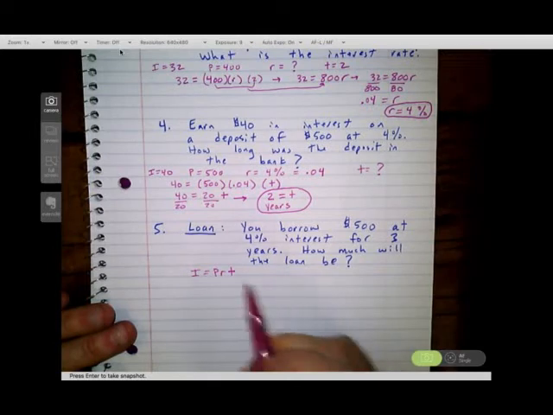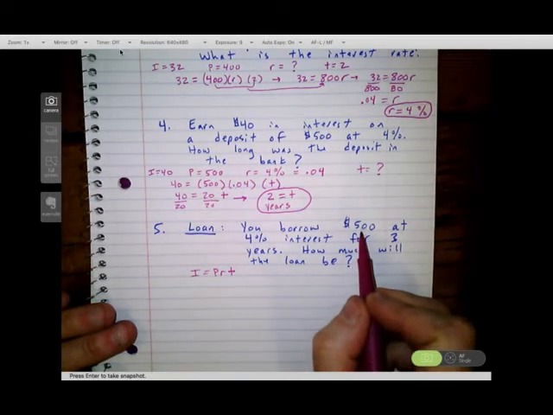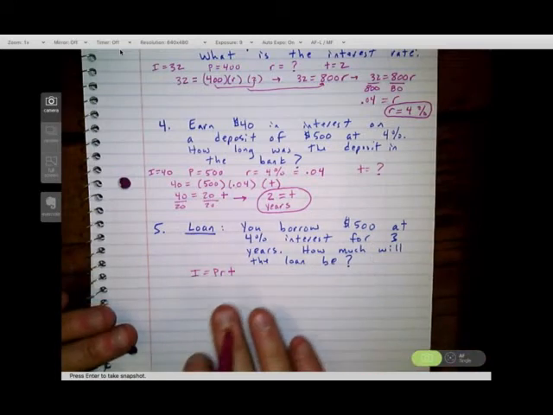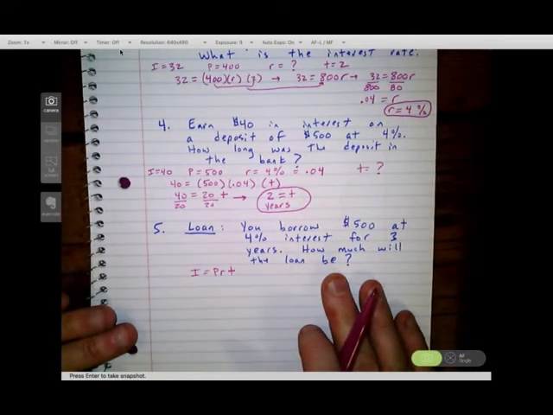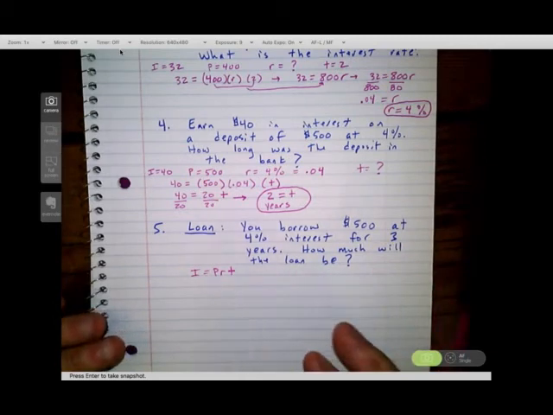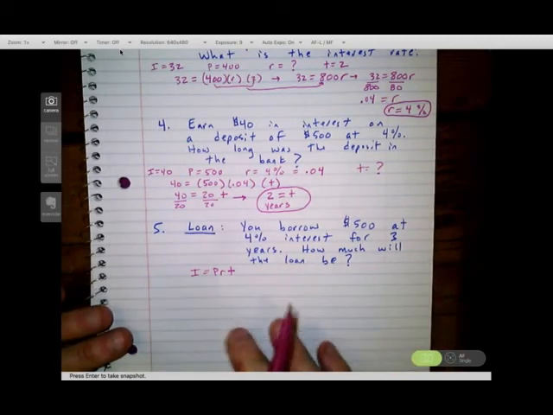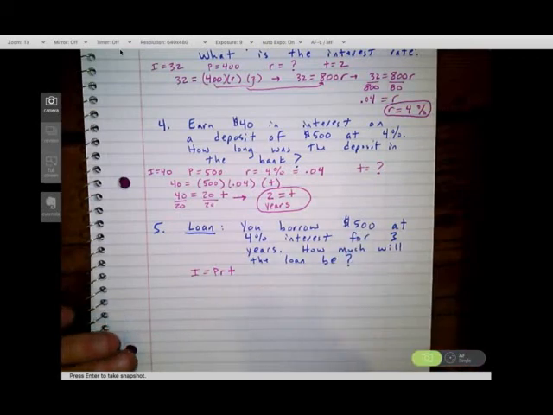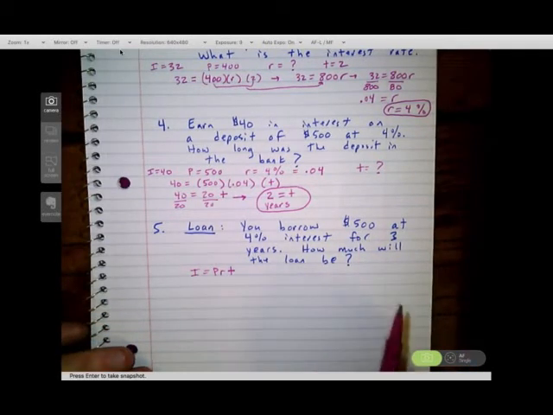So instead of the principal being the amount you've deposited, it's the amount you've borrowed from the bank. So we're going to figure out how much interest we're going to have to pay because we want to know how much the loan will be for. So we're going to have to figure out the interest and then add that to the amount that we've borrowed to figure out how much total money we're going to have to pay back the bank.